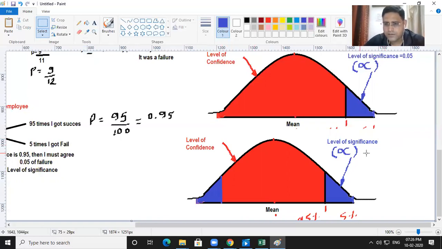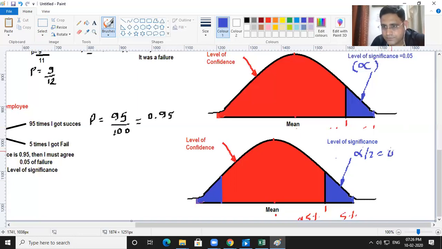This area will become alpha by 2, because now this level of significance is divided into 2 parts in a 2 tail test, because this is the left tail and this is the right tail.